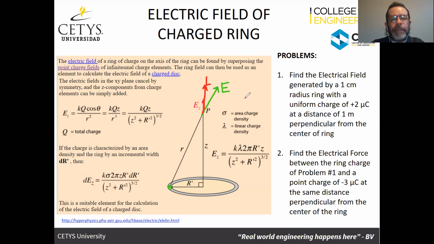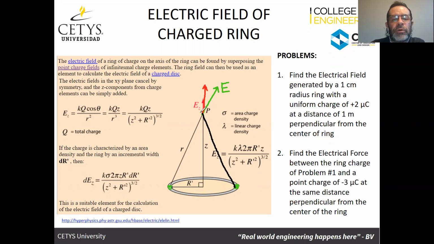It's called Ez. Now, why? Because the same situation occurs. If I were to take another infinitesimal point here, and I were to consider that point, this point would contribute also, we would have a distance here, assuming that we're at the same distance.